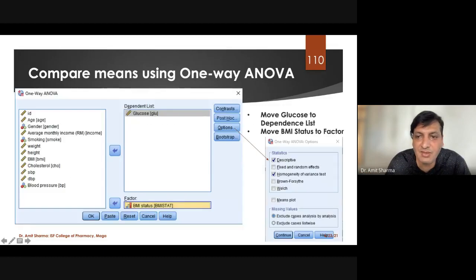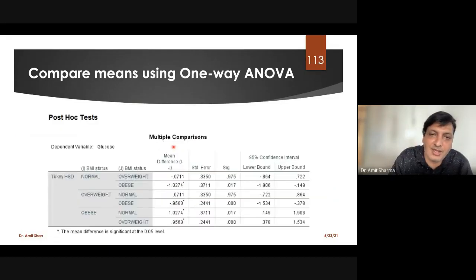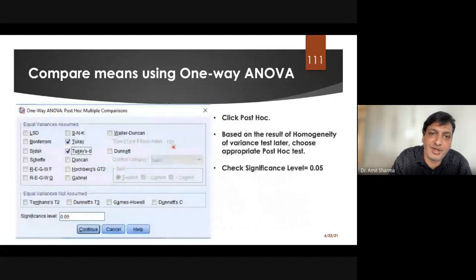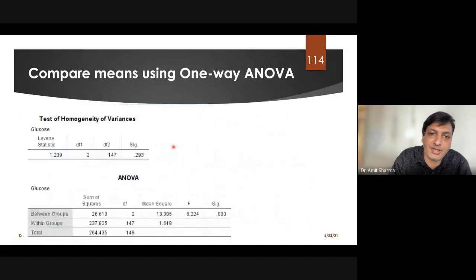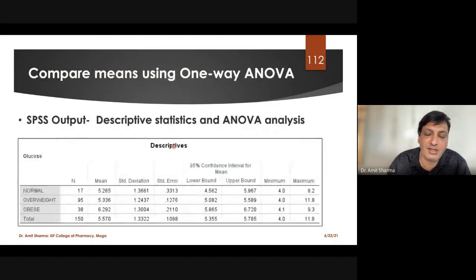As we have clicked the option called Descriptive, we have received this table. Otherwise, we are not going to get this table. So ANOVA output contains, as you can see, 3 to 4 different tables: 1, 2, 3, and 4. What these 4 tables represent and how much data you should take from these tables to your thesis or research paper, we are going to see in today's class.